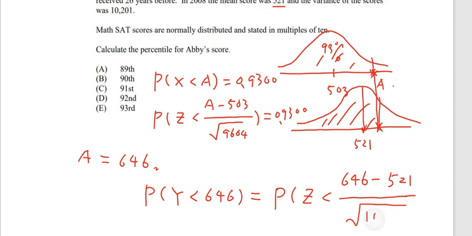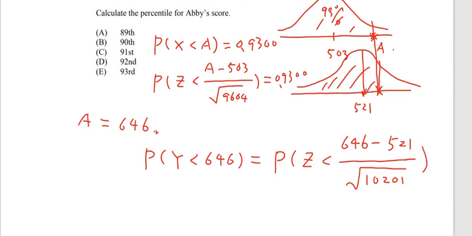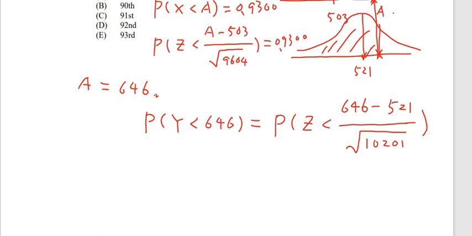We just want to find this probability. By checking the table, after some calculations, we find this probability is 0.89.